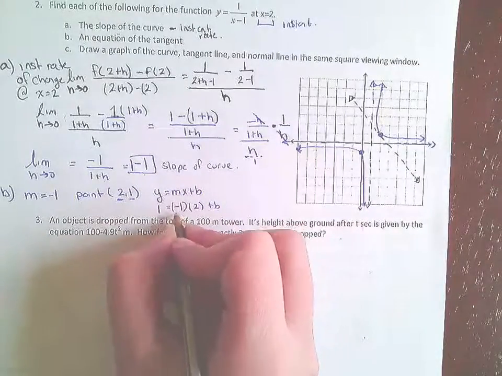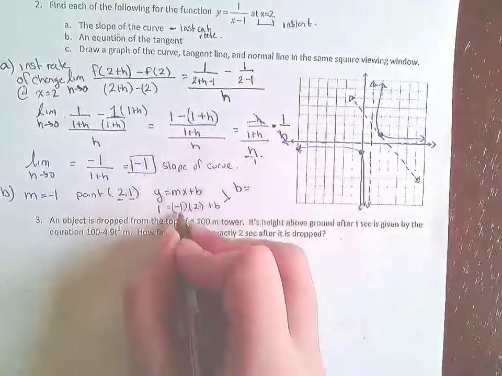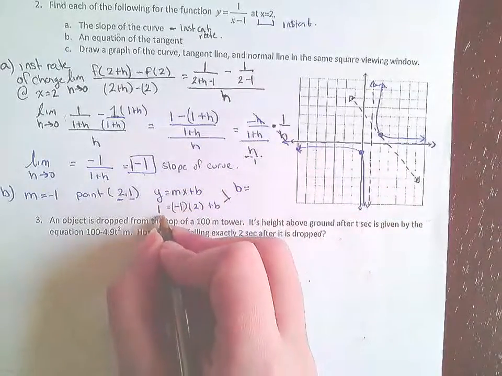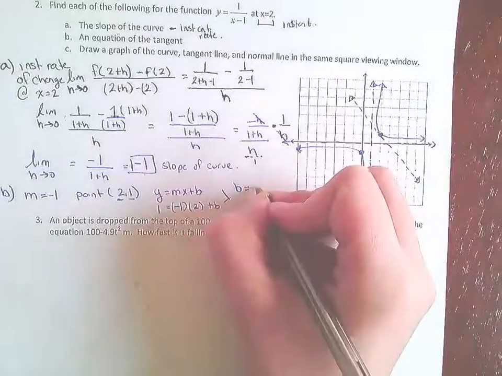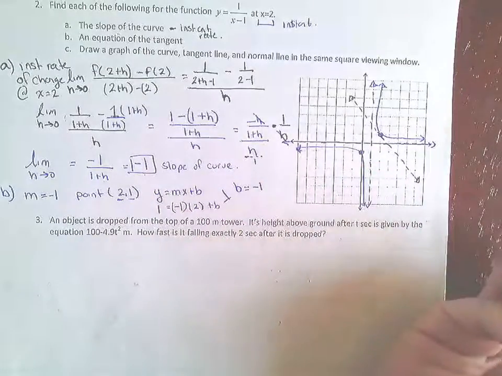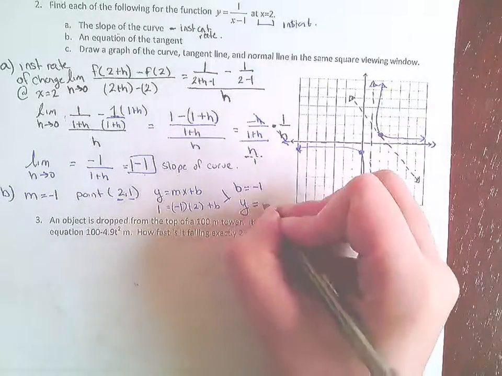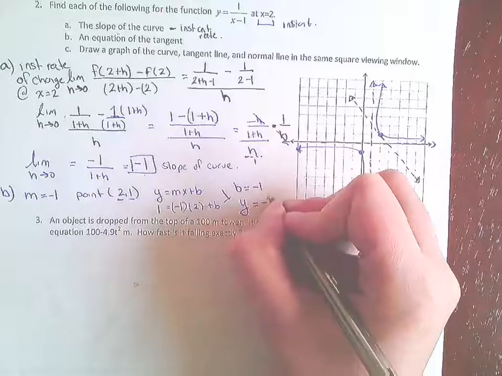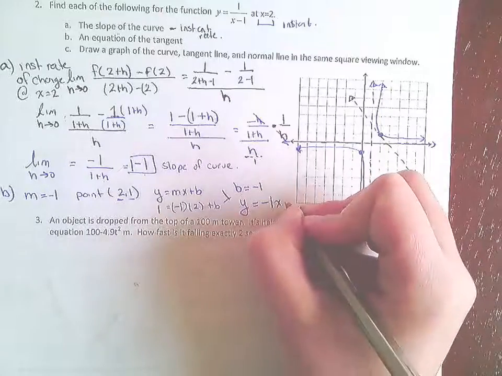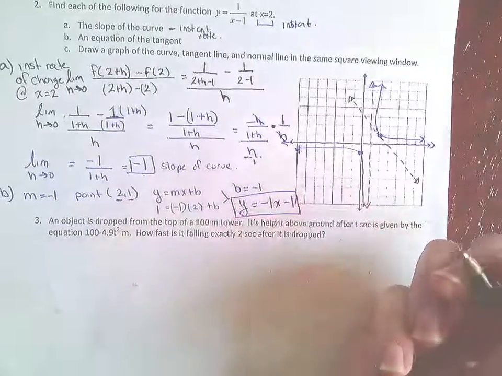I solve this out and I get b is 1 minus 2, which is negative 1. So now my equation of my tangent line is y equals negative 1x minus 1. Okay?